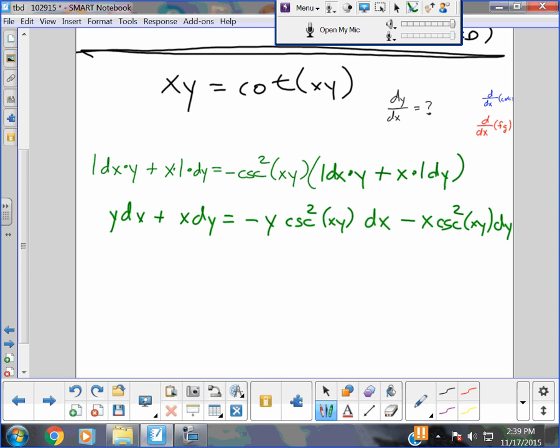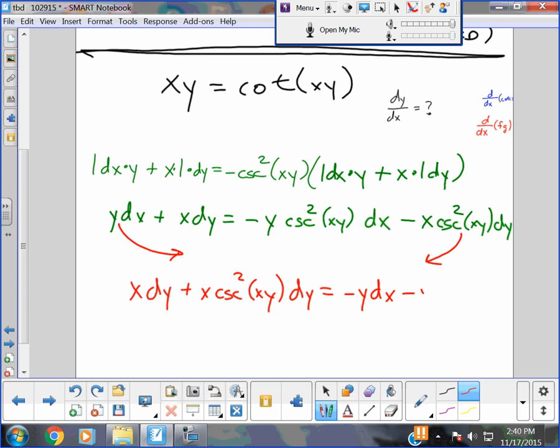All right, I'm going to separate the dy's and the dx's, or I could divide by dx right now, but I'm going to separate today. I'm going to put all the dx's on that side. I'm going to put all the dy's on this side. So I get x dy plus x cosecant squared xy dy equals, I'm going to get negative y dx minus y cosecant squared xy dx.